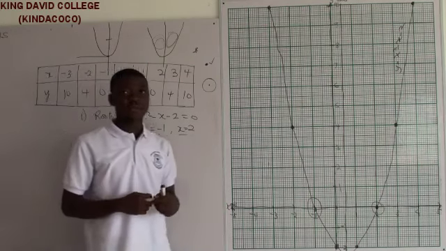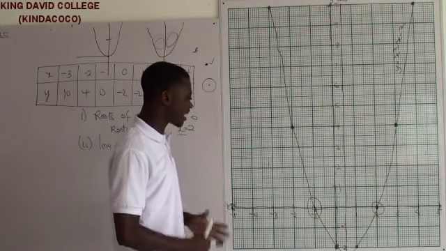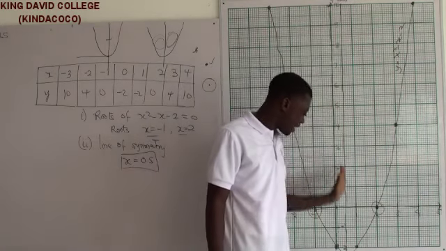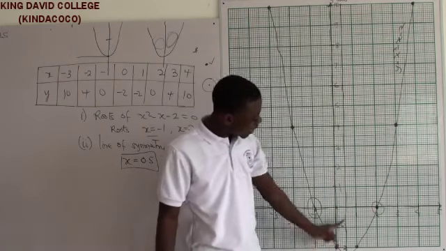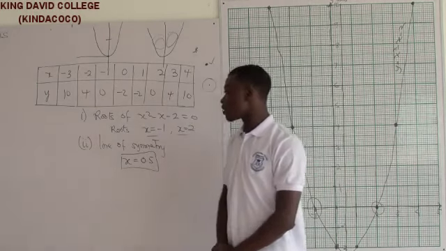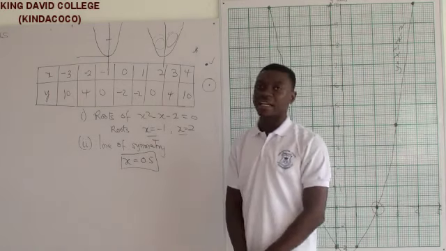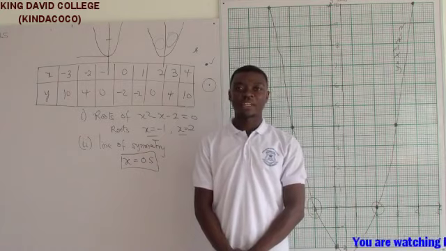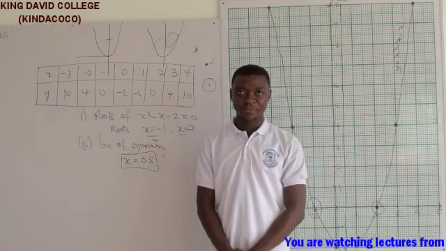Okay? x is equal to 0.5. So like I said, you will always draw a straight line to pass through the minimum point, and where that straight line cuts the x-axis becomes your equation of the line of symmetry. Okay? The equation of the line of symmetry.